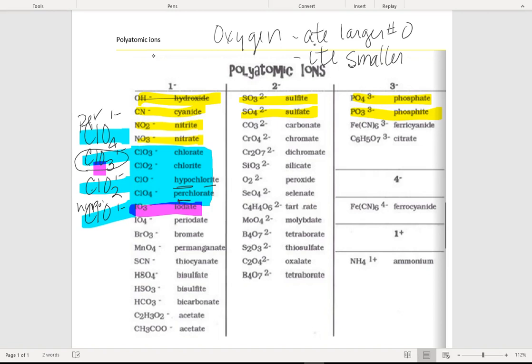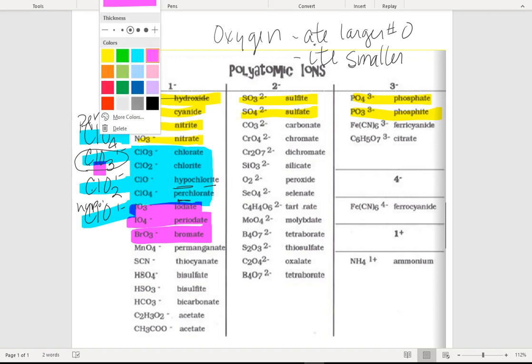You don't have to memorize iodite, but you do have to know IO4, which has 1 more than iodate, and that is periodate. This guy is bromate. He's also from that same family. BrO3 is bromate. If we had BrO4, he would be perbromate. BrO2 would be bromite. BrO would be hypobromite. All right, enough with the halogens.